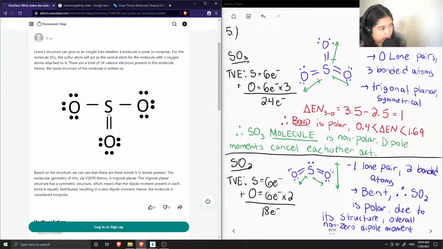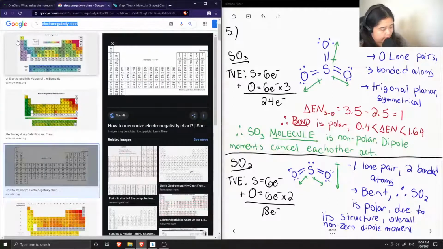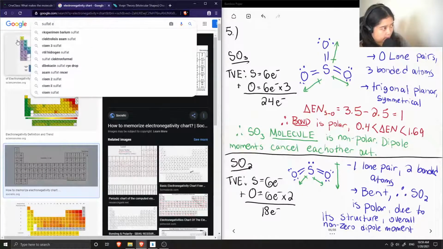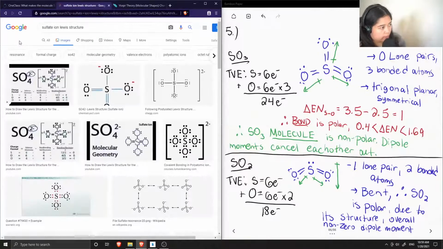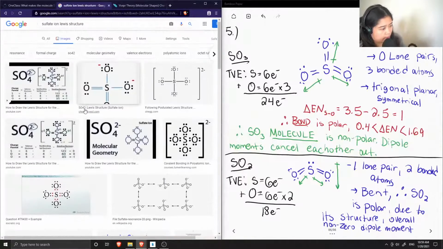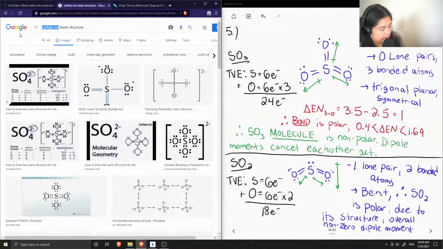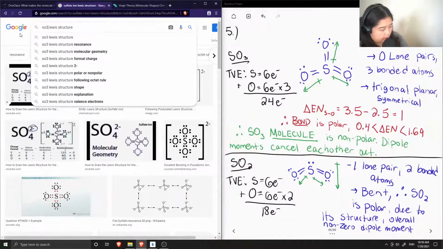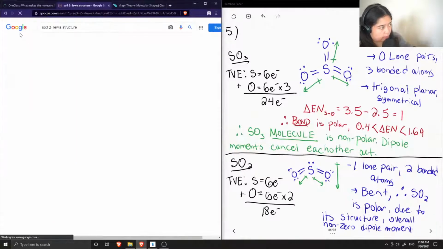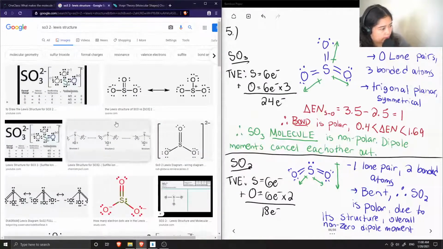So this is actually the Lewis structure of SO3 2-, which is known as the sulfite ion.